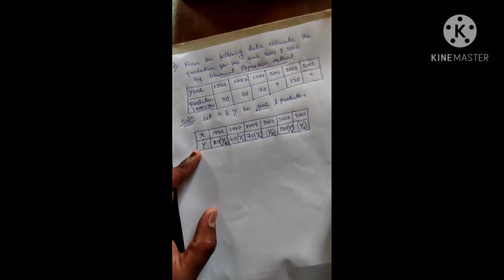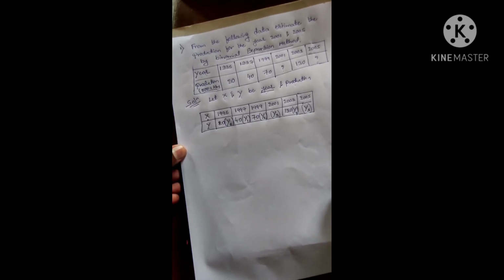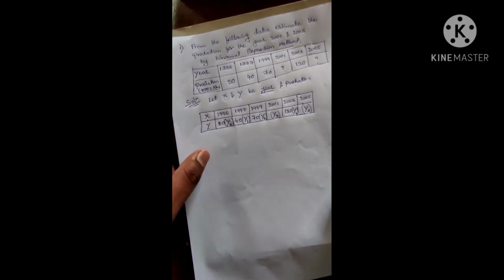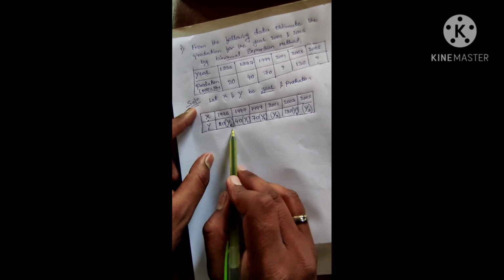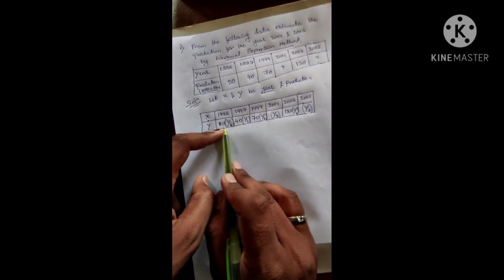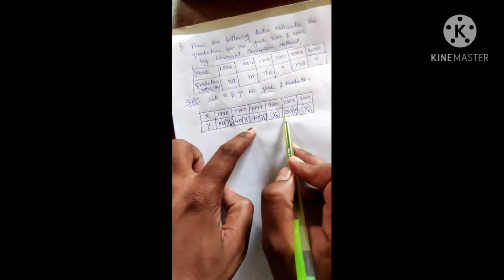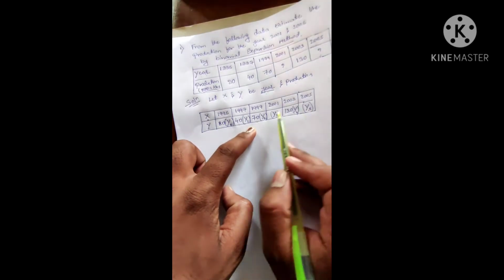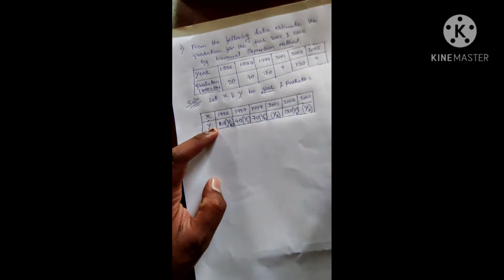After assigning that, next we should identify the known values. What are the values we already know? y0 we know, y1 we know, y2 we know, and y3 we know, and y4 we don't know. Two values we don't know. Known values are only 4.